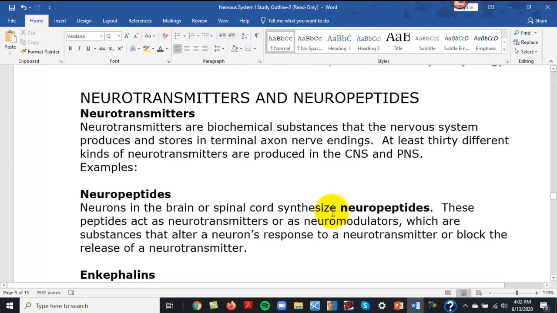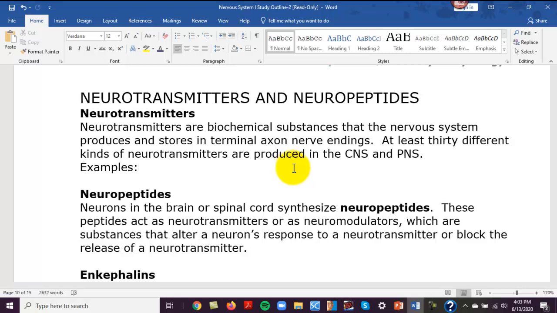Okay, last part to this, neurotransmitters and neuropeptides. I'm going to have to give you some of these. You have some that are within the brain, for instance dopamine, serotonin, epinephrine, norepinephrine, acetylcholine. Those are all neurotransmitters that are pretty common. The brain has 30 plus.